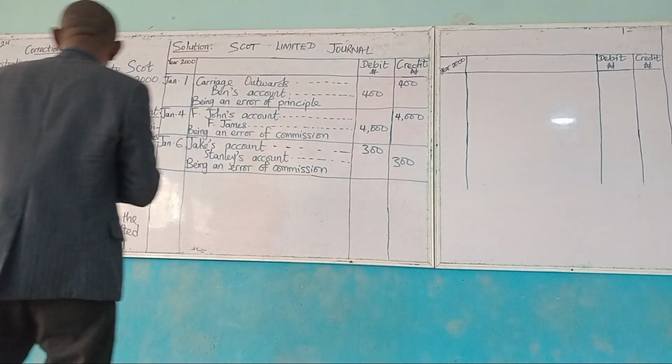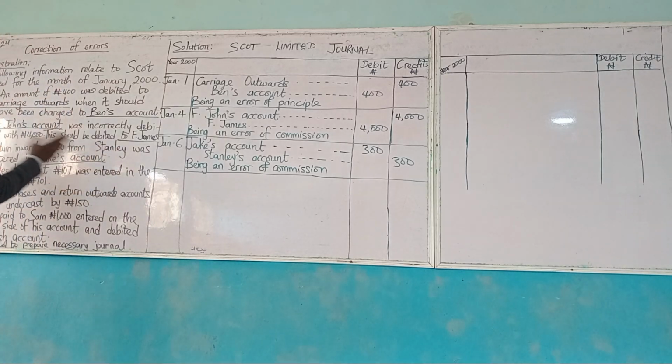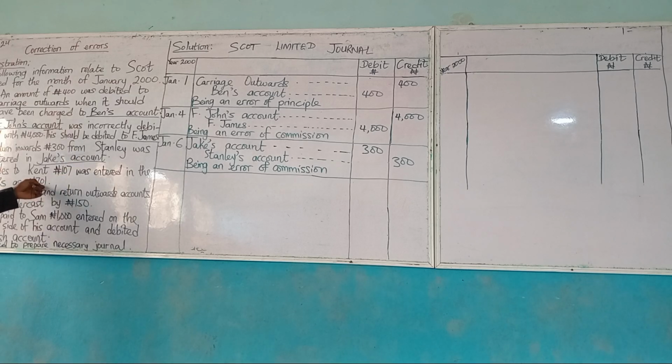It means the correct debit and credit entries were made, but what's wrong is the figure. 107 is the correct figure, but 701 had been inserted and has mixed up with all other figures in the account.